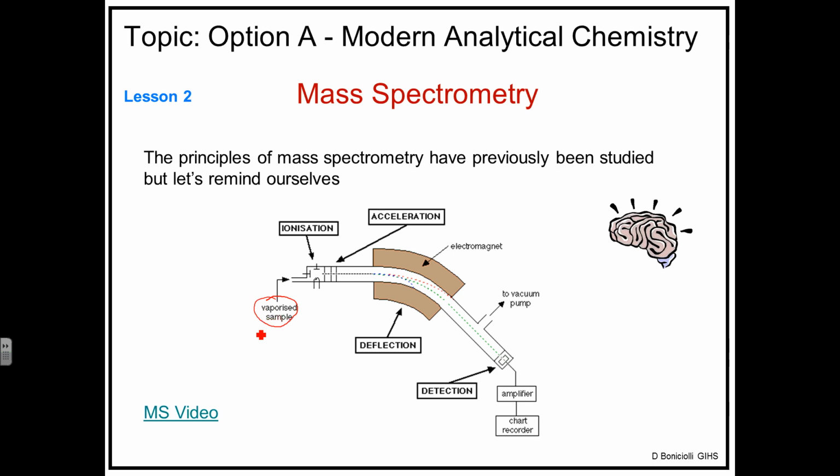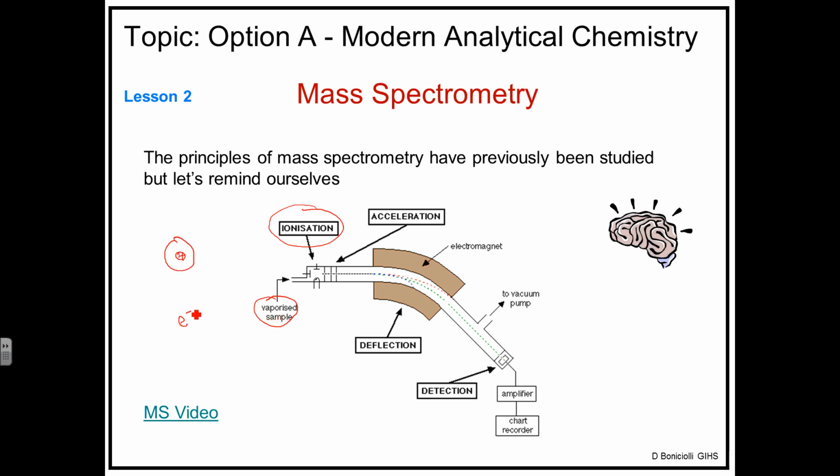The vaporized sample, excuse me, is injected into the mass spectrometer, or sometimes, if the sample is a liquid or a volatile solid, it has to go into a chamber called the vaporization chamber. But let's assume that it's already vaporized. So it gets injected into the mass spectrometer. It then goes into the ionization region, and the ionization region, you'll remember, is the region of electron bombardment.